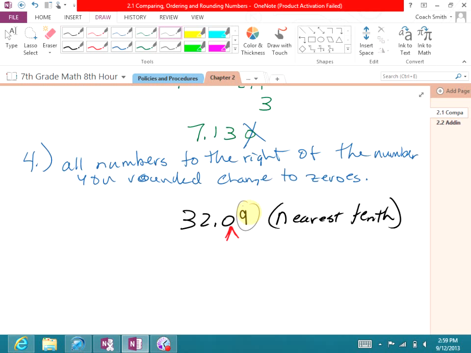Right, we add 1 to it. Well, when you add 1 to 0, it becomes 1. So 32.1. Now, everything to the right turns to zeros. But since it's at the end of the number on the decimal side, we don't have to put it. Okay, so our answer is 32.1.